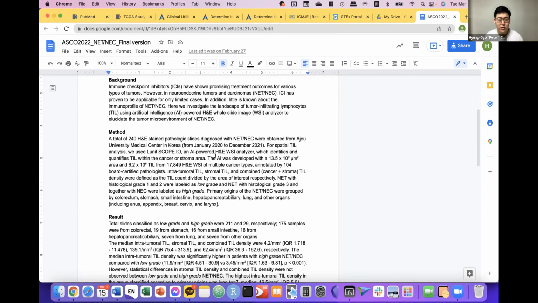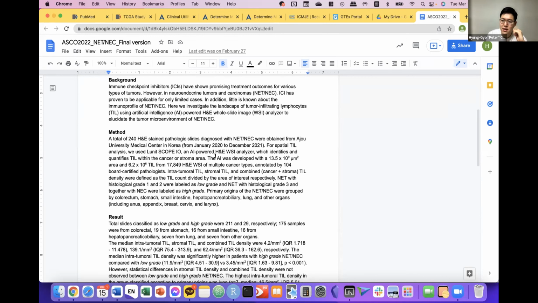We gathered 240 H&E stain slides from RG University, which were diagnosed with neuroendocrine neoplasm, and we ran Lunoscope IO. We compared the non-high grade and high grade NENs, and the result was that high grade NEN showed higher intratumoral TIL density.